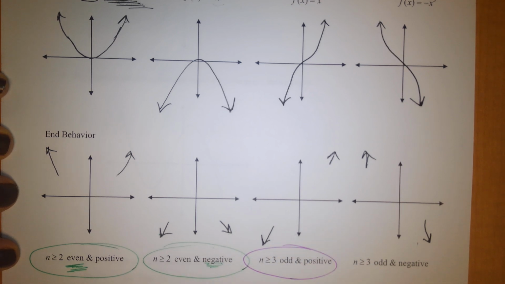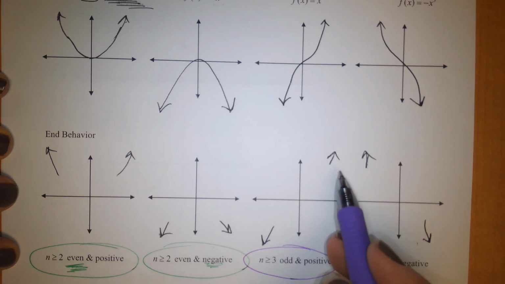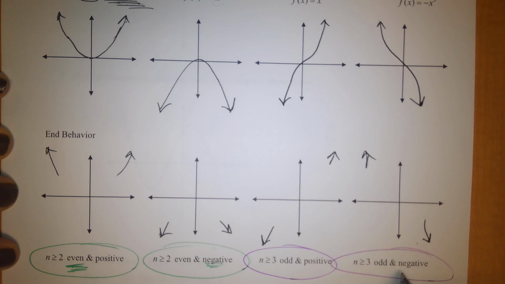Any odd function will have a down, up, and any odd negative function will have an up, down. So we're going to use this end behavior and everything we've learned so far to identify and analyze and graph certain polynomial functions.